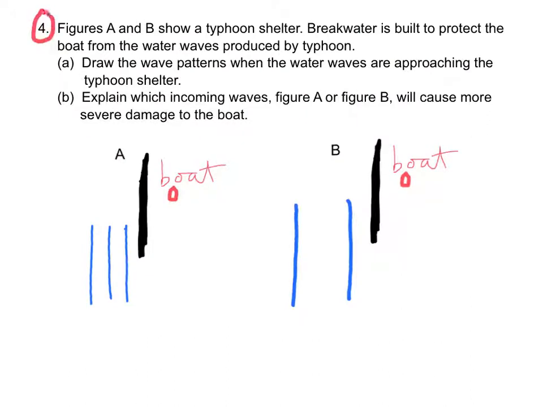Number 4. In Figure A, since the incident wave has short wavelength, therefore the diffraction around the corner is small.